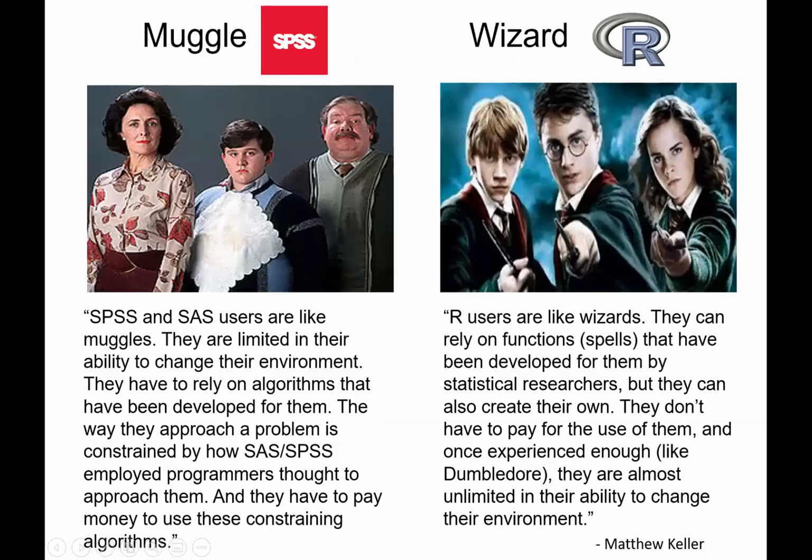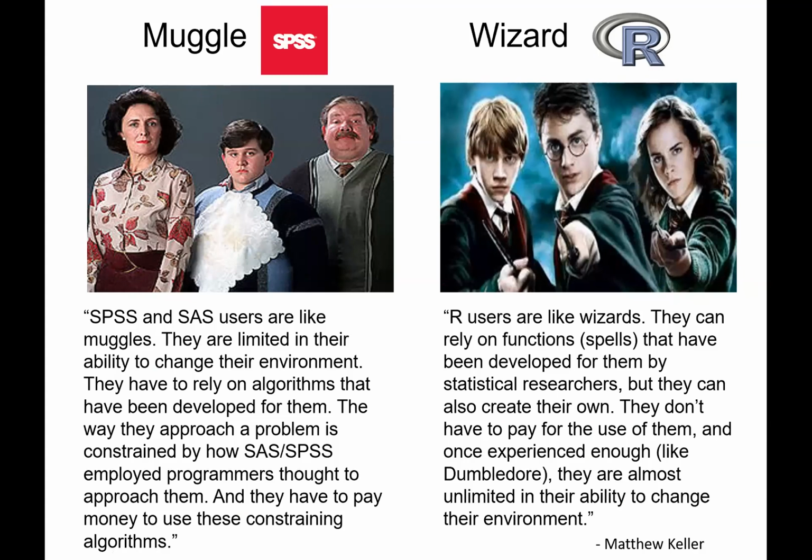So why do we want to use R? In biostatistical analysis, statisticians traditionally use tools like SPSS and SAS. I think we can look at the Harry Potter movies. The SAS users are like the Muggles. They are very limited.